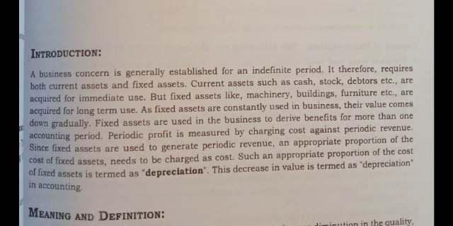This is a procedure which is followed in an organization for the purpose of buying new equipment or new fixed assets in coming years. For example, an asset which is used for 10 years. After 10 years we are going to buy a new asset. To buy a new asset immediately, you require money. So where are you going to get that money?